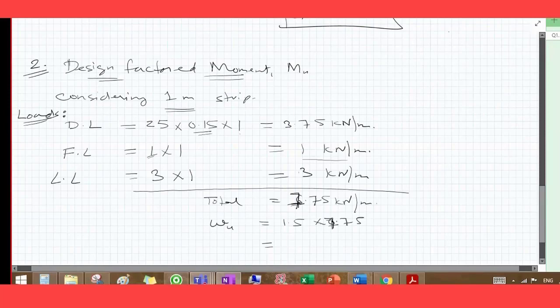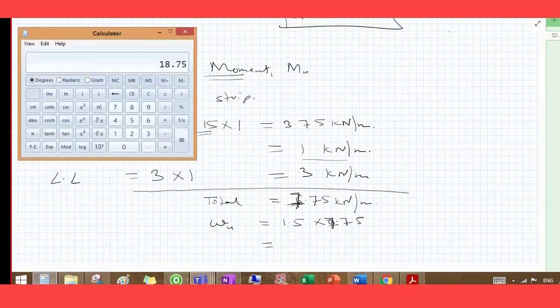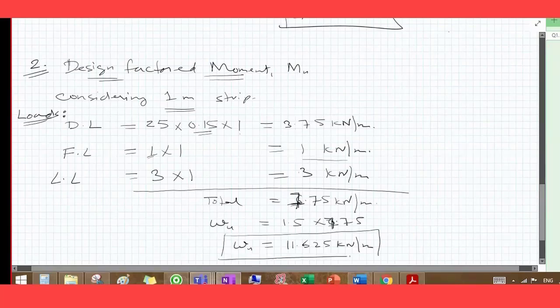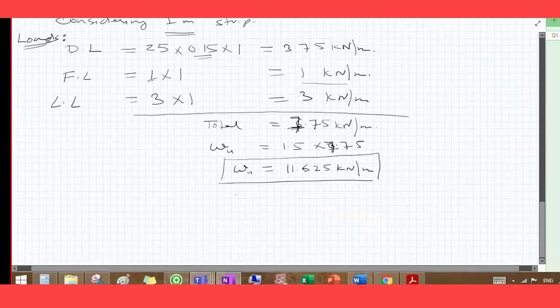WU is 1.5 into 7.75. So this comes out as 11.625 kilonewton per meter. So this is the ultimate load which will be acting in 1 meter strip about LX span. Okay, about LX span, it's going to come.